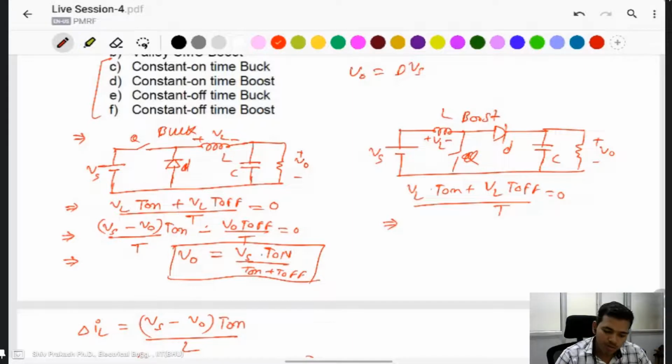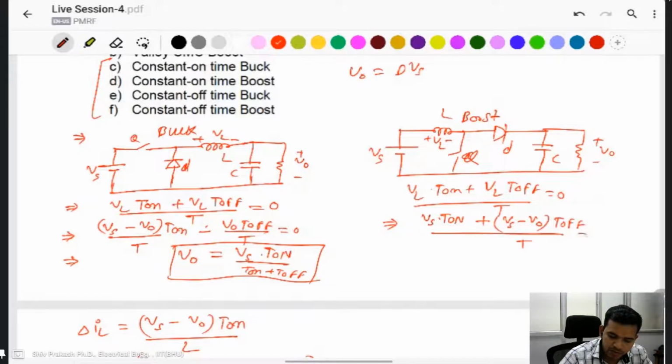When the switch is on, you find Vs into T on, plus when the switch is off, then you find Vs minus V naught is the VL, divided by T is equal to 0.